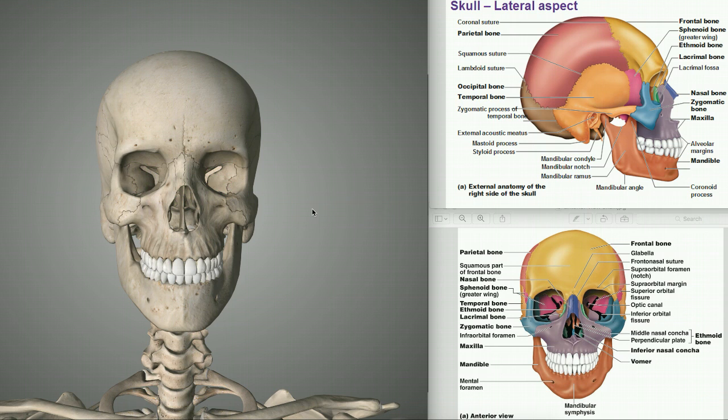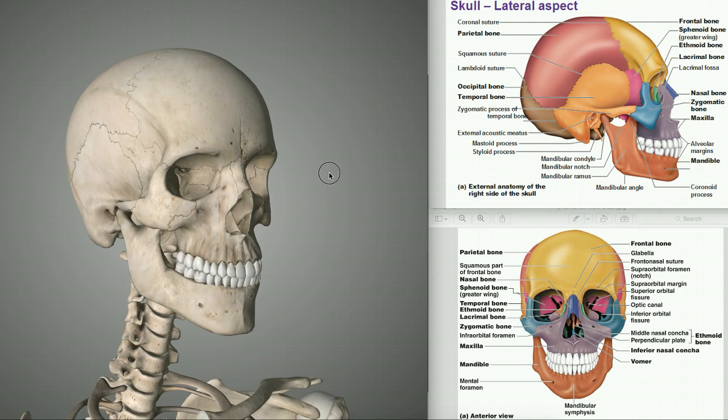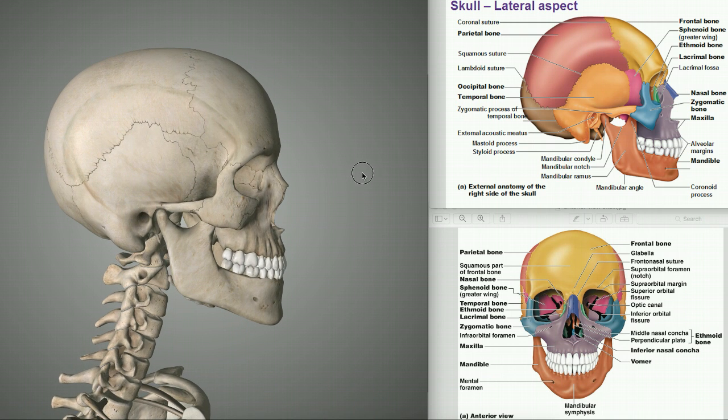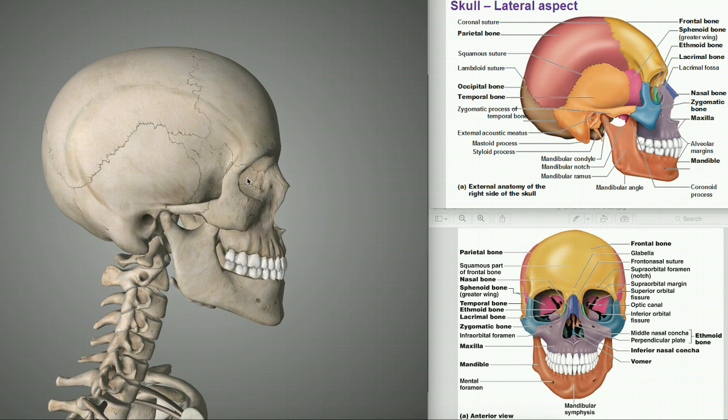Right, now if I was to switch this to the lateral aspect of your skull, for a quick recap, we have the mandible here. If I click there, you have different parts of the mandible.